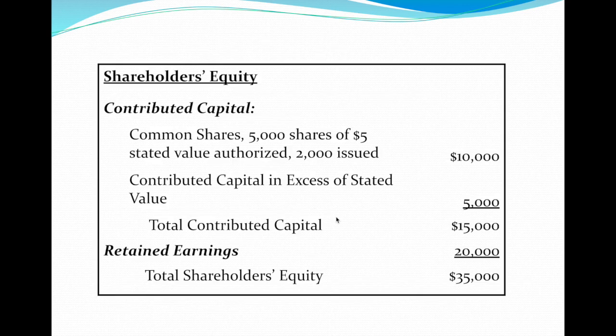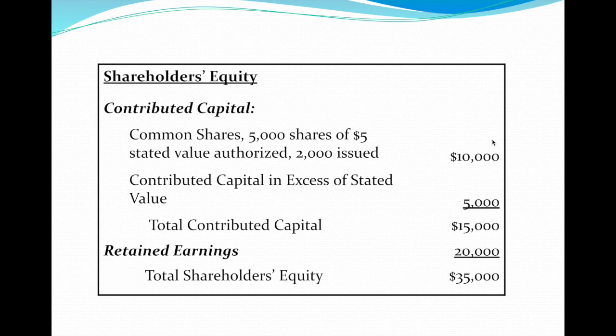Now, in terms of how this would look on a statement of shareholders' equity, contributed capital is its own section of the sheet. We have our common shares, 5,000 shares of $5 a piece, were authorized. So note that we write what the authorization here is, and then we say how much has been issued so far.